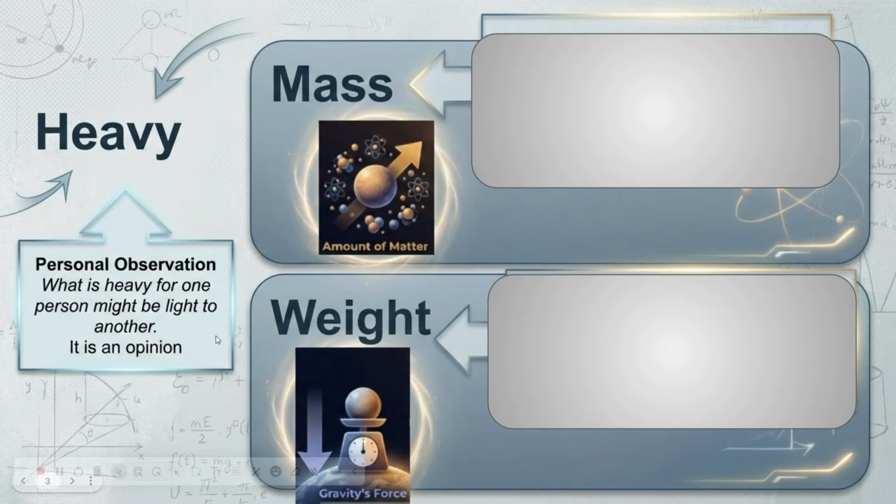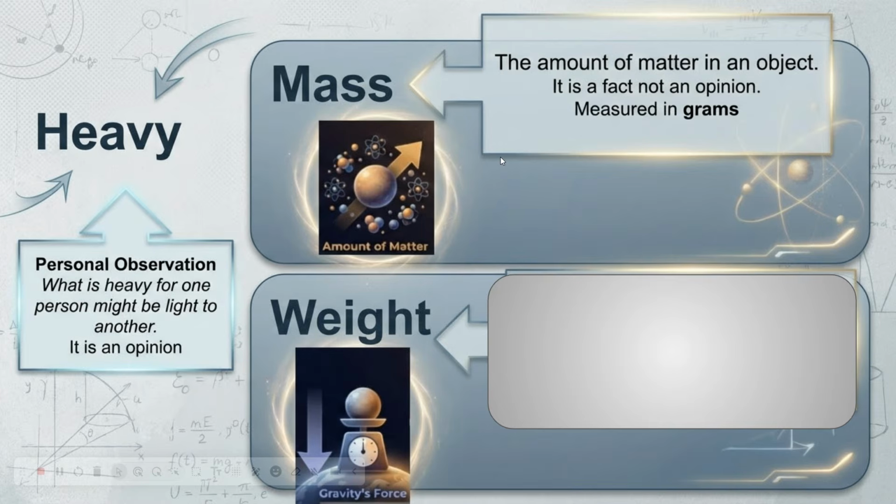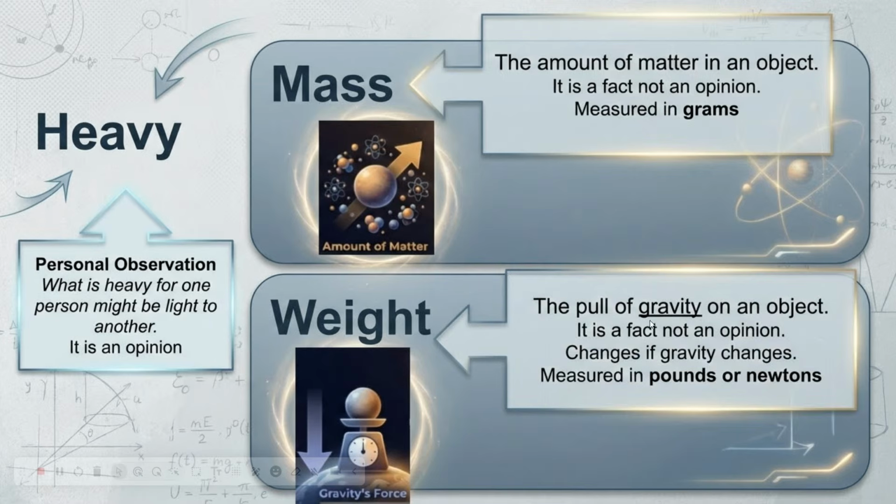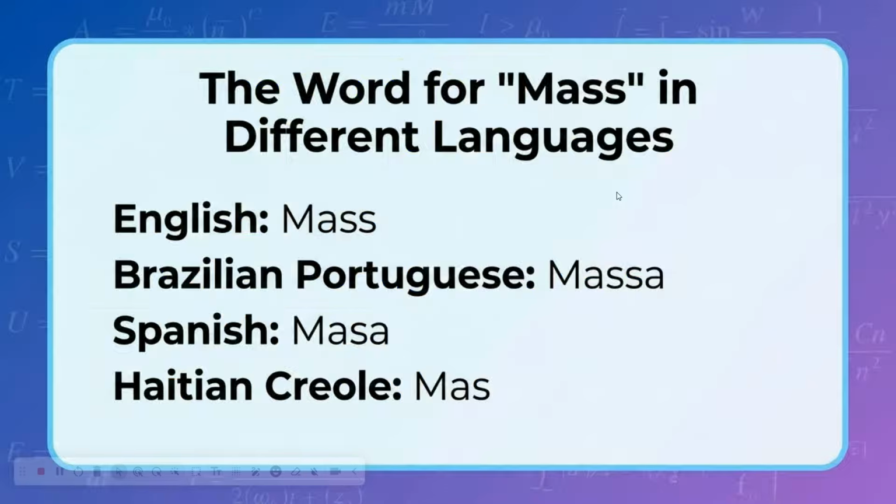What's heavy for one person might be lighter for another. It's an opinion. Mass and weight are both measurements. They aren't opinions. Okay. Mass is measured in grams. Weight is measured in pounds or newtons. So mass and weight are not the same, but they are both measurements.